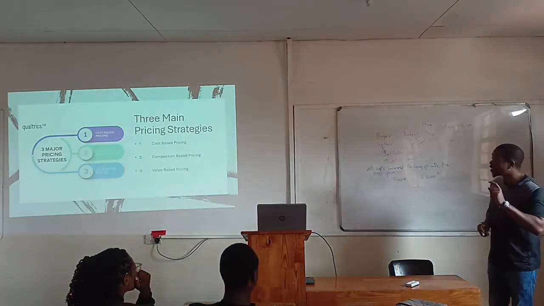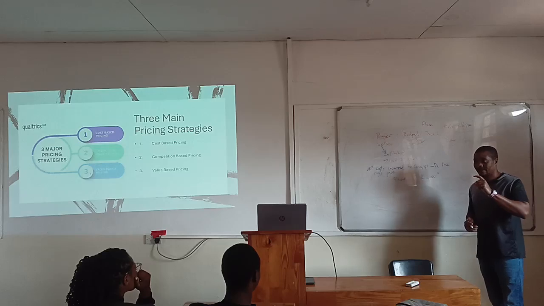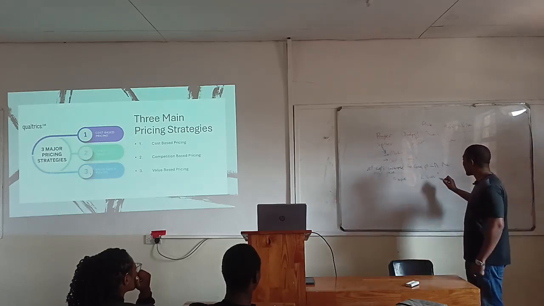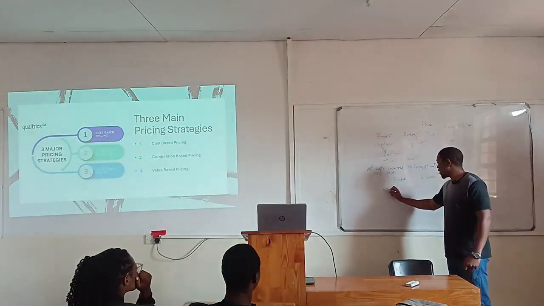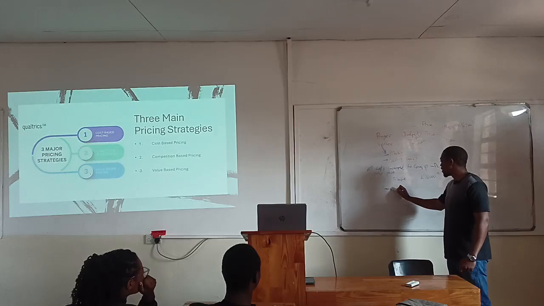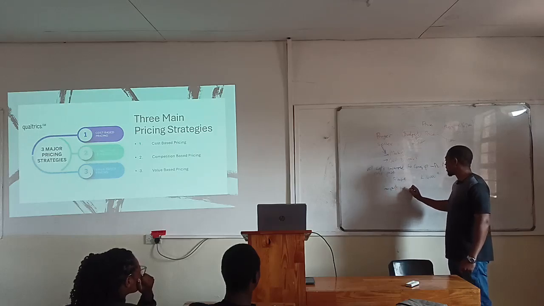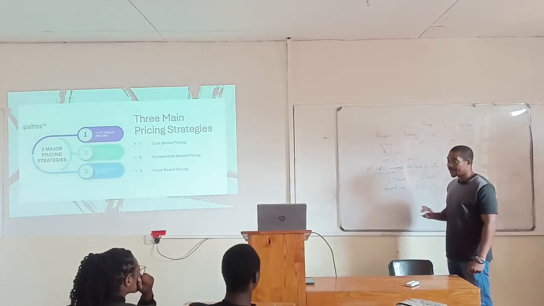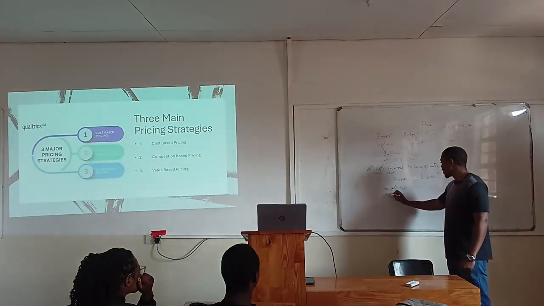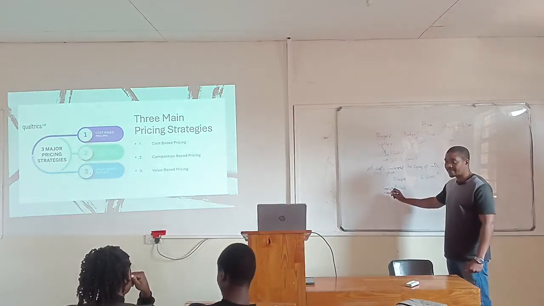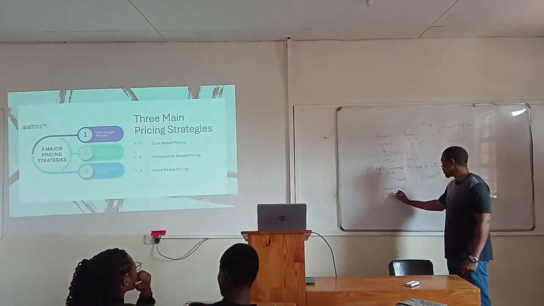Okay. So in cost-based pricing, what we are going to do is to say, for me to arrive at this 10,000, there were transport costs. Okay. What are the costs? Labor costs.